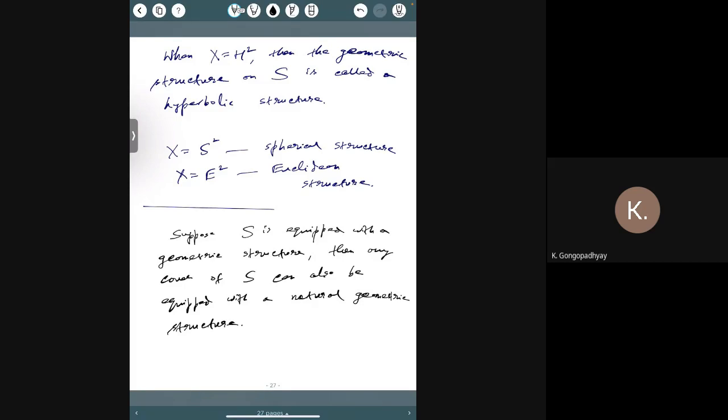Since we are talking about hyperbolic structure, let me just call it hyperbolic.